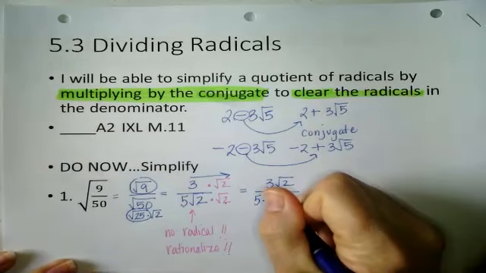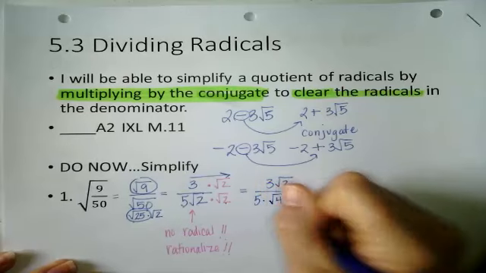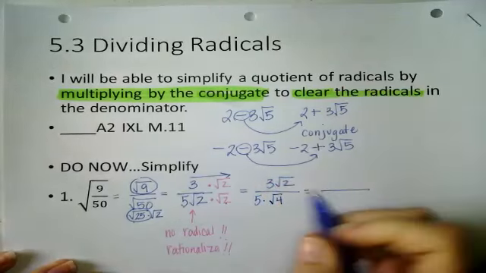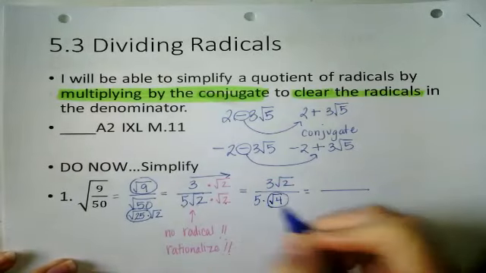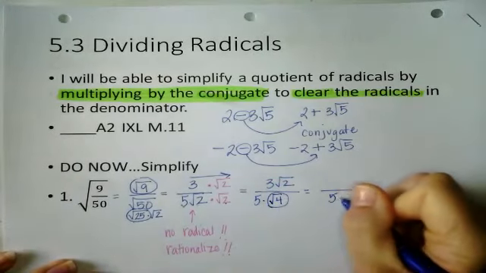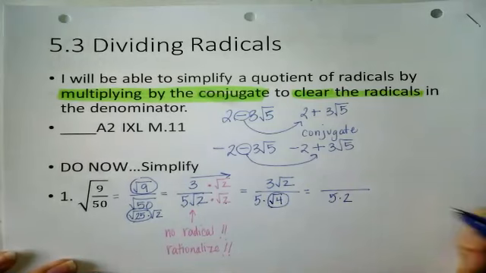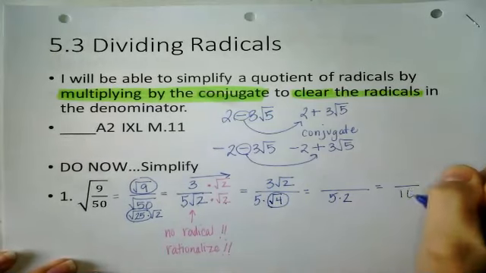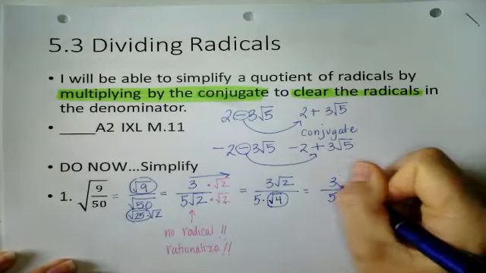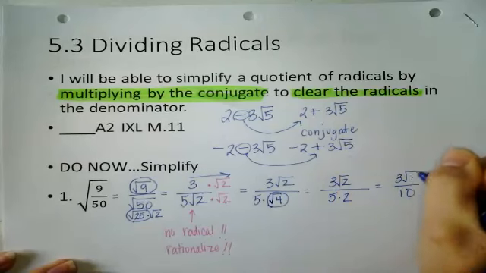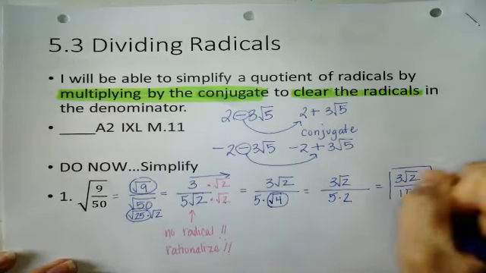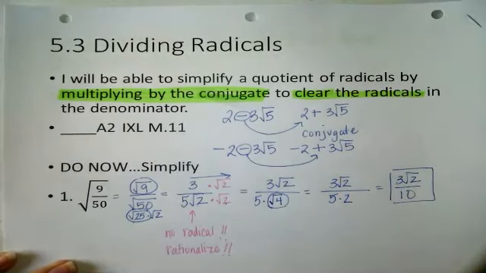Radical 2 times radical 2 is radical 4. Well, and that goes just a little bit further. We know that the square root of 4 is really 2, so that becomes 5 times 2, or 10. So we get 3 radical 2 over 10 for that simplification.